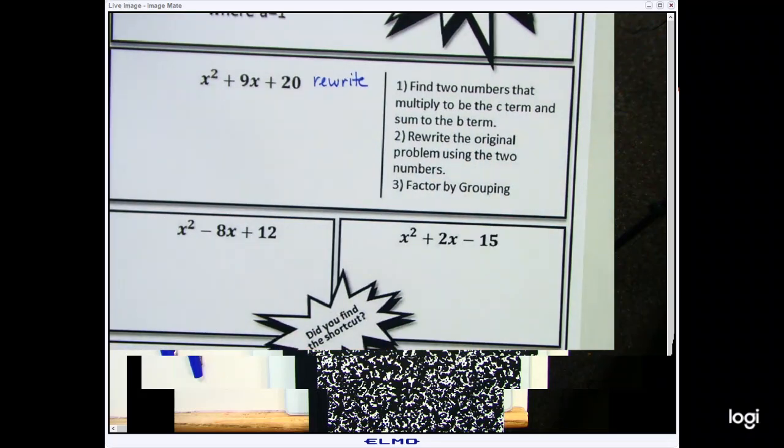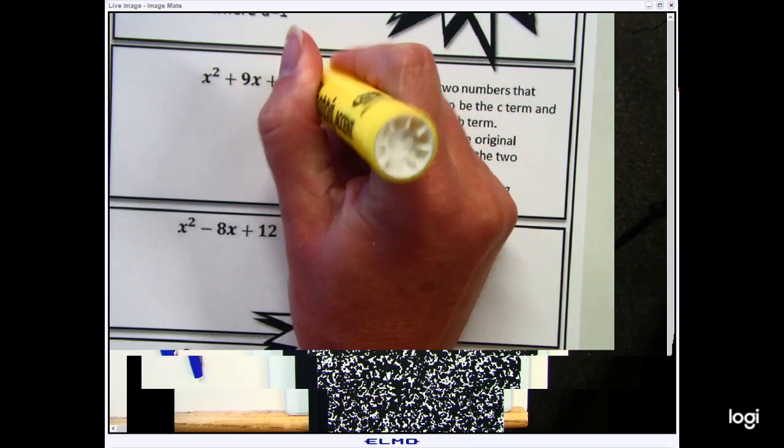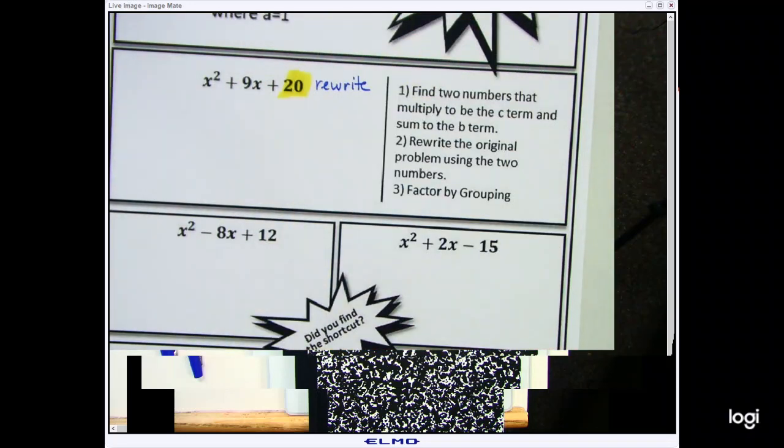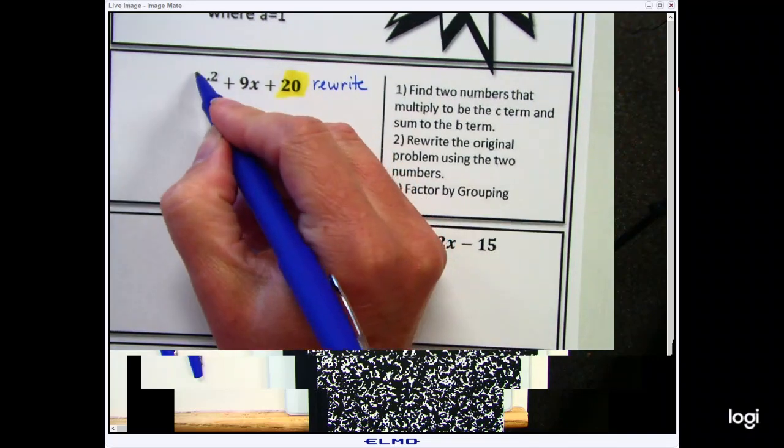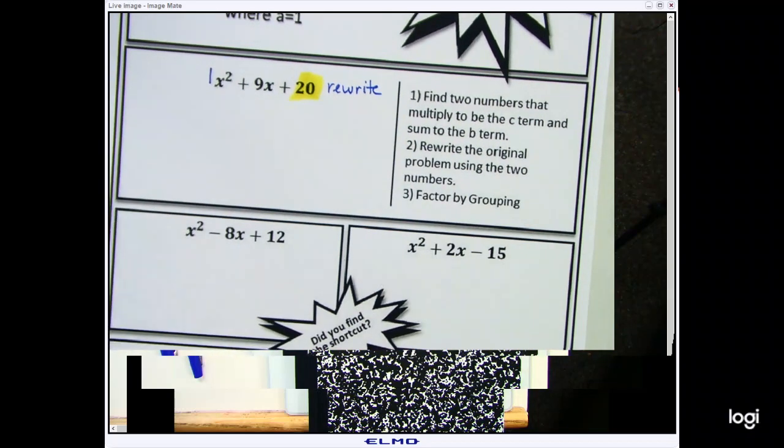And remember what I did on the board just a second ago with thinking of 2 numbers? That's where this comes into play. And so you will always look at this last number. And this only works, you guys, when our leading coefficient is 1.